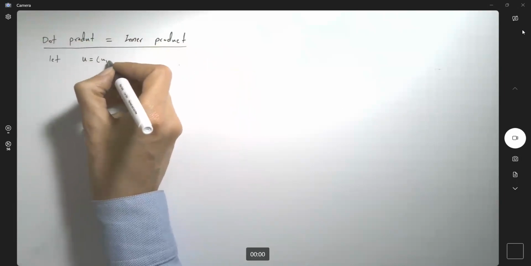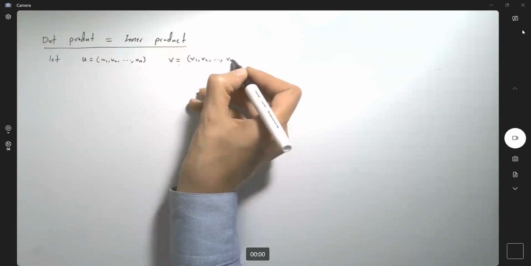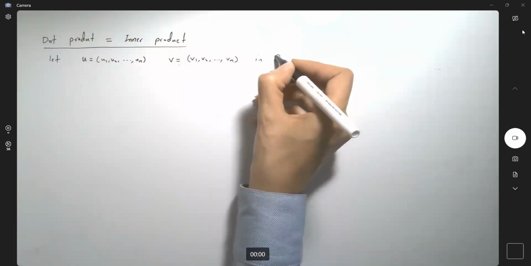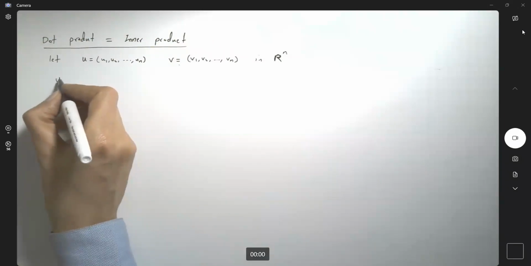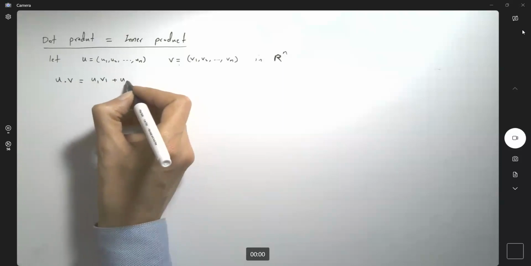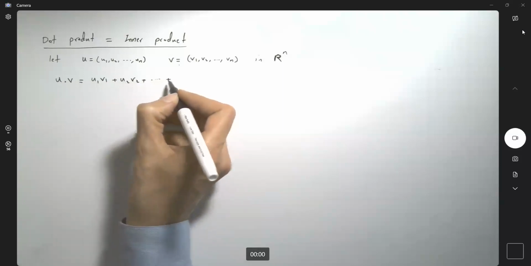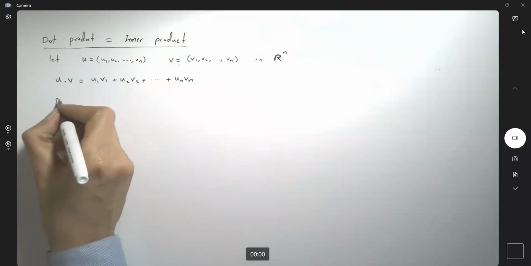So if you have two vectors, let U be a vector, for example, U1, U2, Un, and V be another vector, V1, V2, Vn, both in Euclidean space of dimension n, then you can define U dot V, which is basically U1 V1 plus U2 V2 plus the rest of the elements, Un Vn. And it had some properties, as you remember.